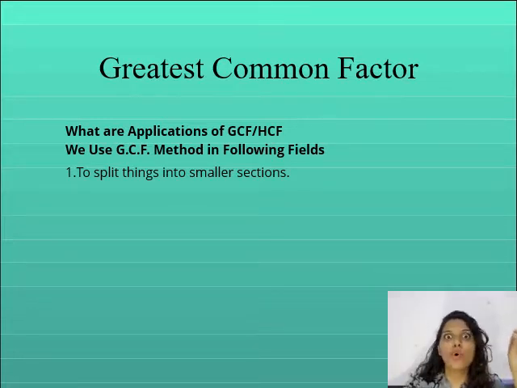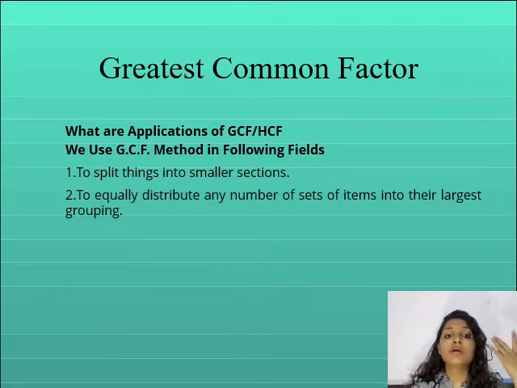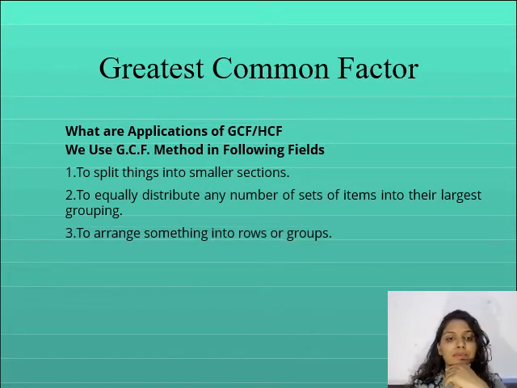It can be a rope which has to be cut into different pieces of equal lengths, or to equally distribute items into the largest grouping, or to arrange something into a definite number of rows or groups. Don't worry, we will see the examples in the upcoming slides.